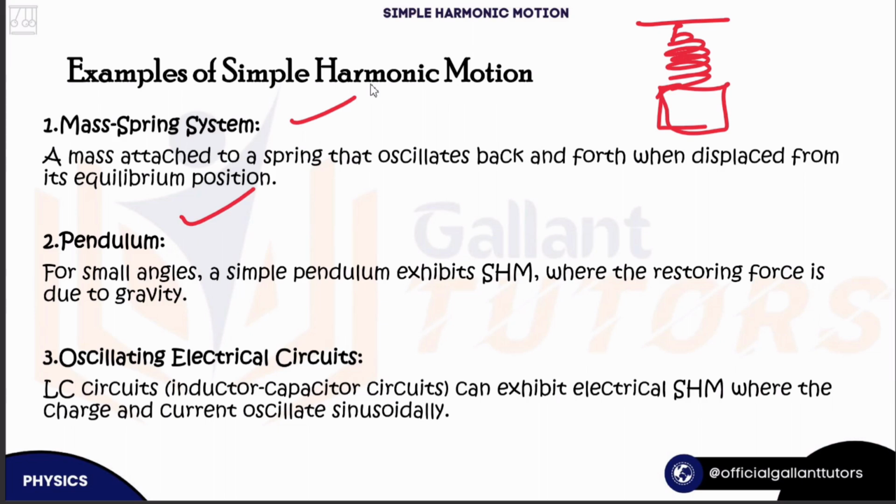The last is the oscillating electric circuit. This is not very easy to visualize since we're talking about current and circuits now. An LC circuit, which is an inductor-capacitor circuit, can exhibit electric simple harmonic motion, where the charge and current oscillate sinusoidally.